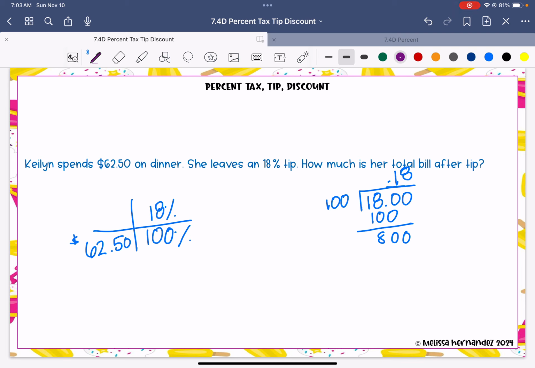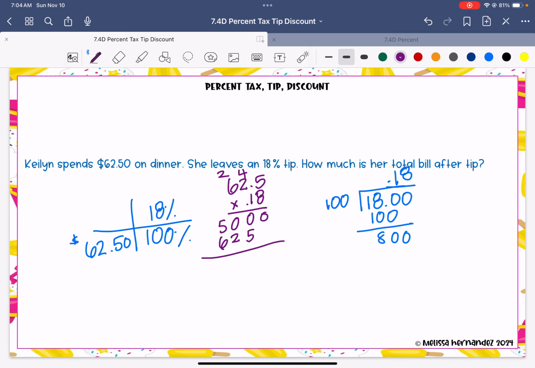Okay, so you're going to multiply 62.5 by 0.18. You don't line up decimals. You just line up your numbers.